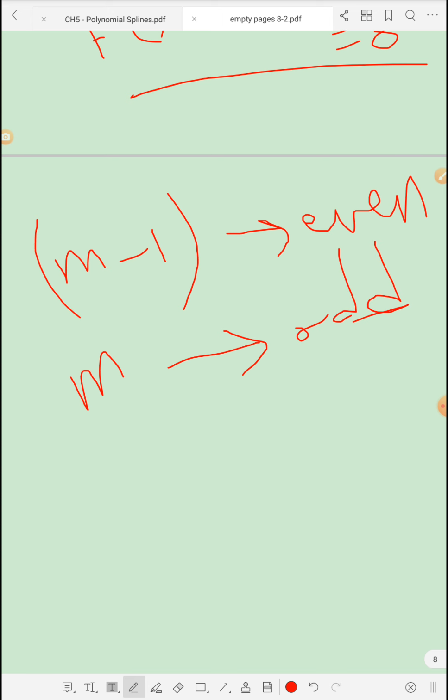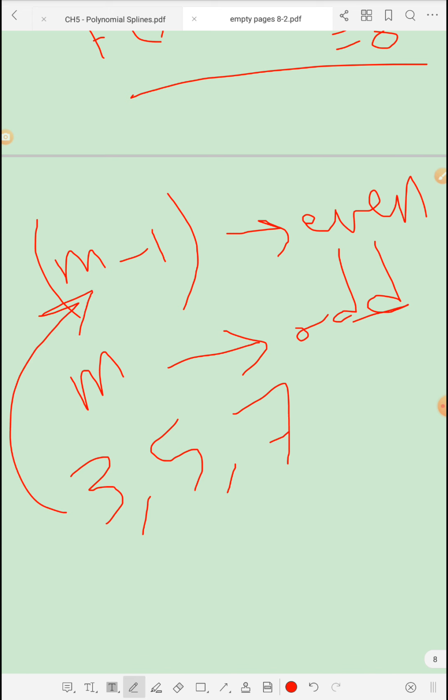So the order of the polynomial might be 3, 5, 7. If the order of the polynomial is odd, then the additional conditions are even and we are distributing those conditions equally, the same number, between x0 and xn.